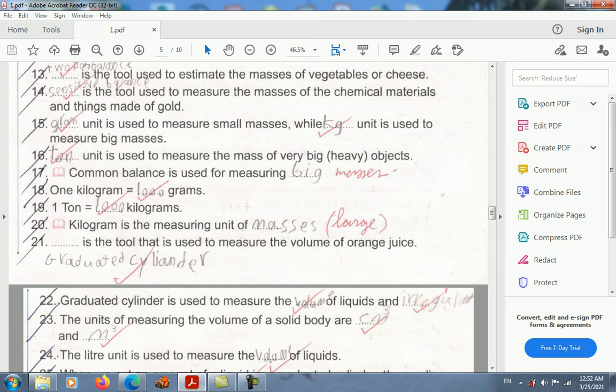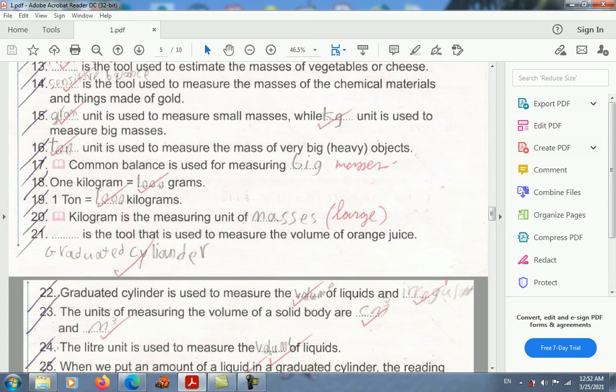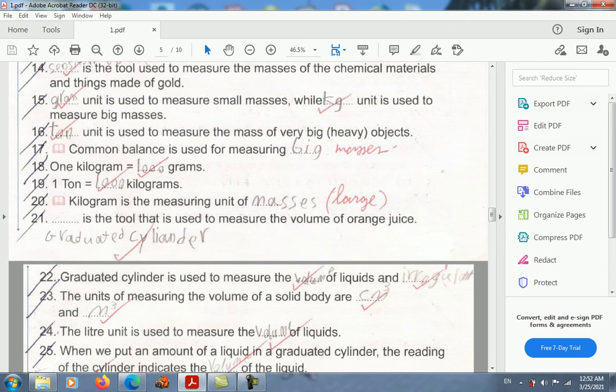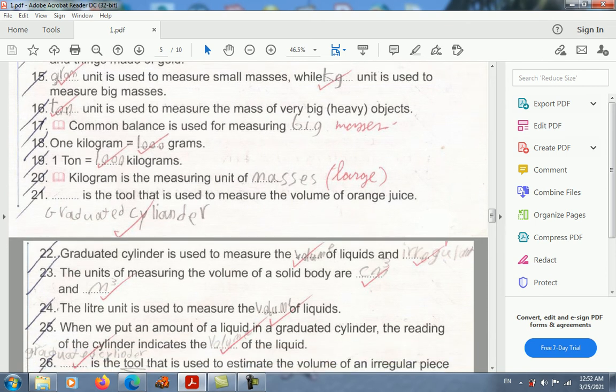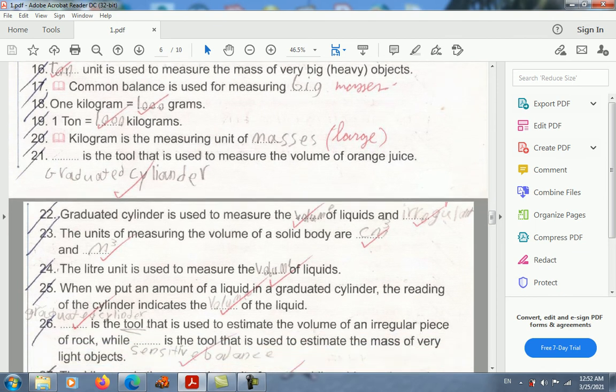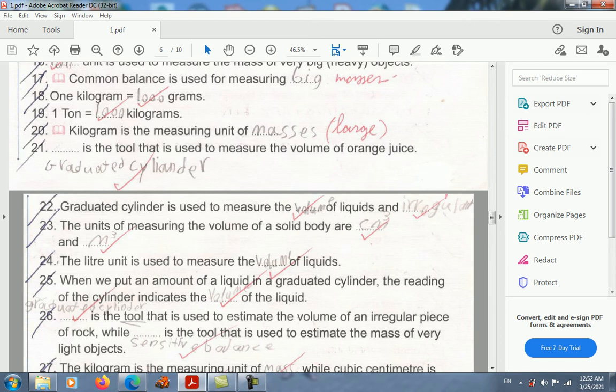13. Two-pan balance is the tool used to estimate the masses of vegetables or cheese. 14. Sensitive balance is the tool used to measure the masses of the chemical materials and things made of gold. 15. Gram unit is used to measure small masses, while kilogram unit is used to measure big masses. 16. Ton unit is used to measure the mass of very big heavy objects. 17.